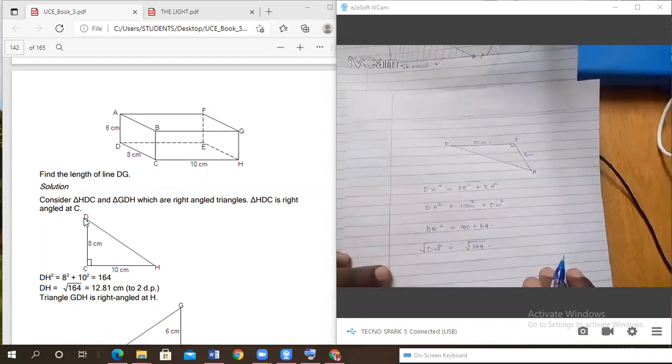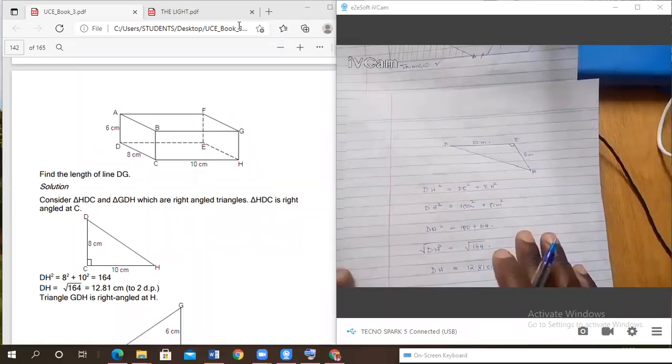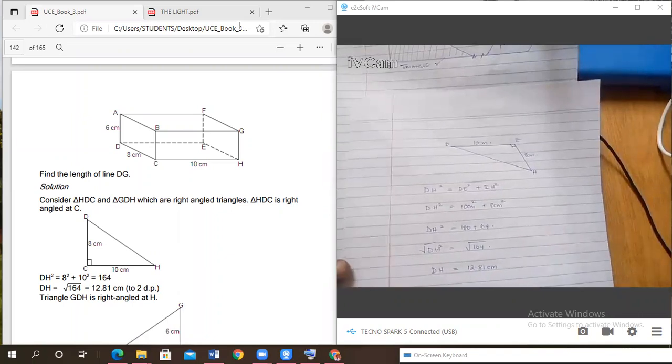So my DH is equal to, from there, 12.81 centimeters.